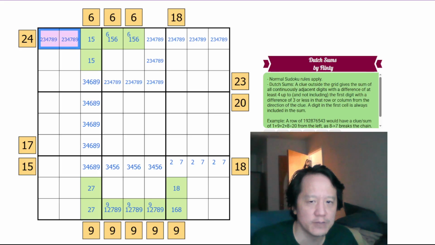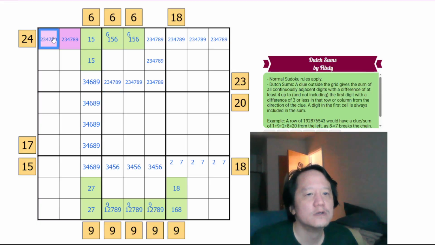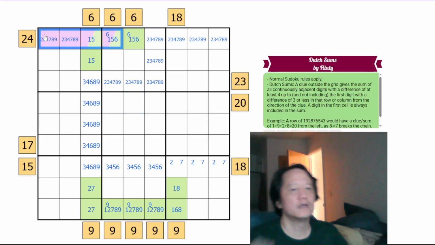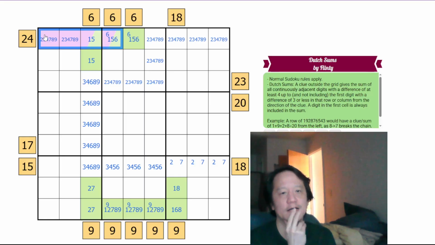We're going to make it pink going in the horizontal direction. So we have to have at least 3, and we can't have 7, 8, 9. So it's at least 4, which means it cannot be 1 and 5.